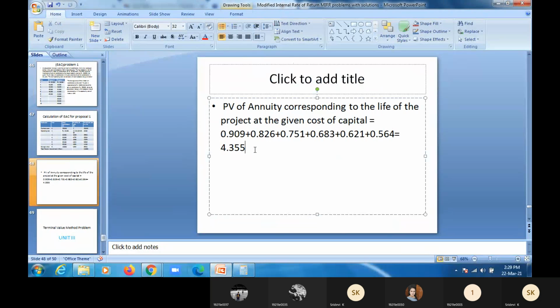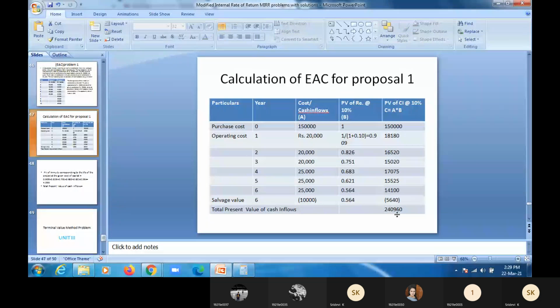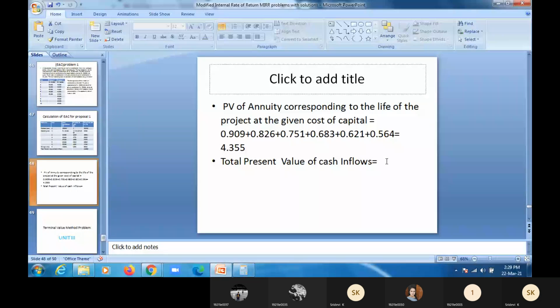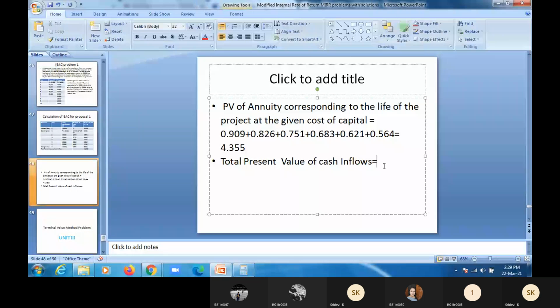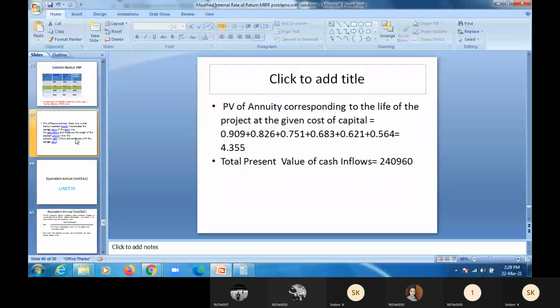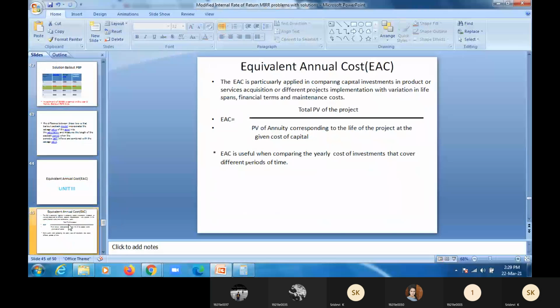We got this value in the table, that is 2,40,960. So now apply it in the formula.